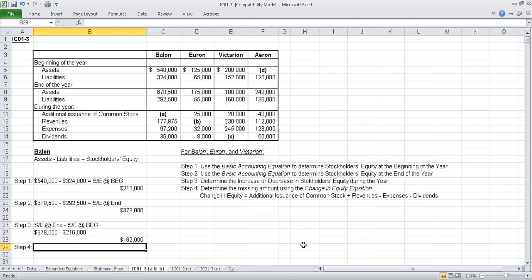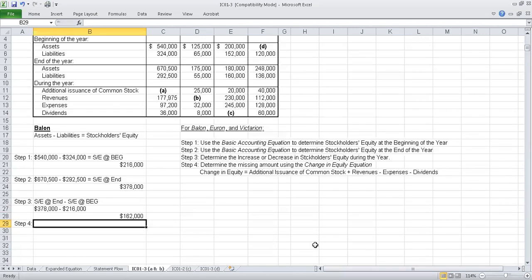To finish our work, we need to use what I call the change in equity equation. You're not going to see that in the textbook; that's just what I call it. But all it is, is knowing what affects equity. What affects equity?